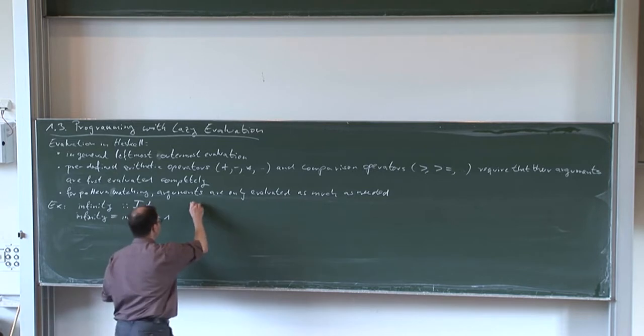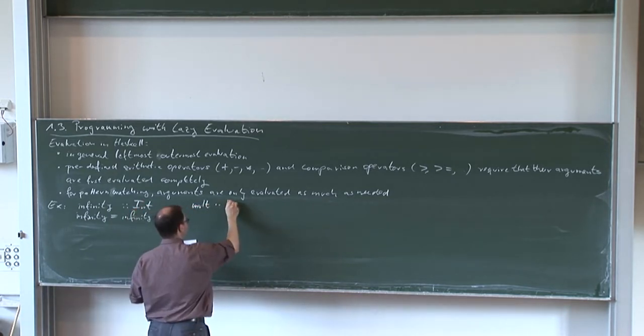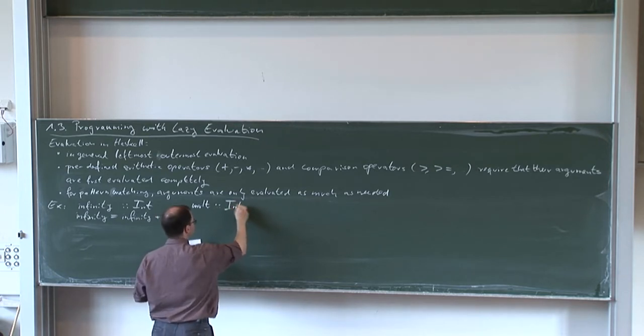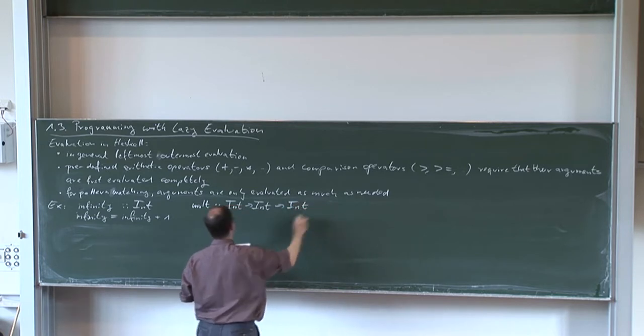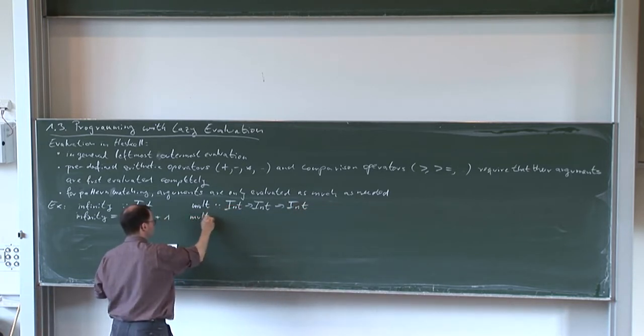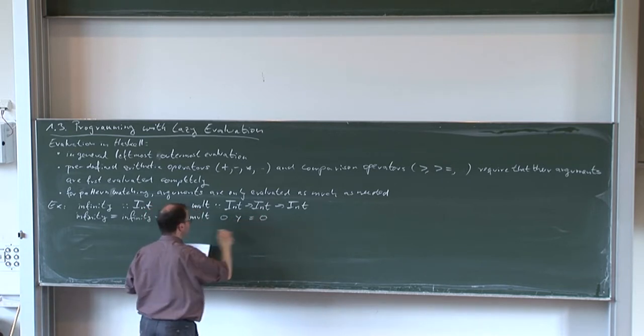Nevertheless, we can compute with infinity. For example, we can define multiplication as follows. So let's say multiplication on integers works like this. 0 times something is 0.